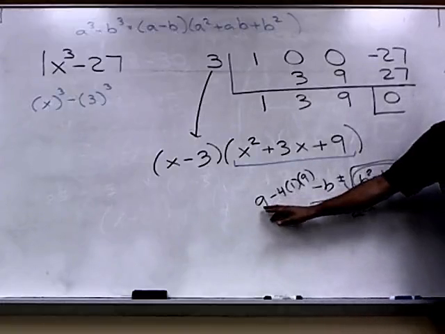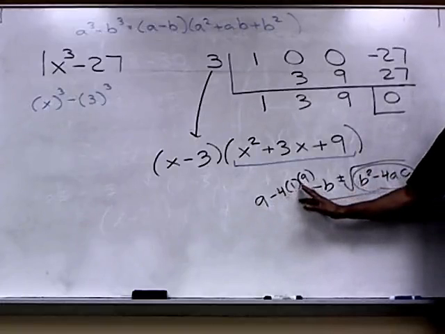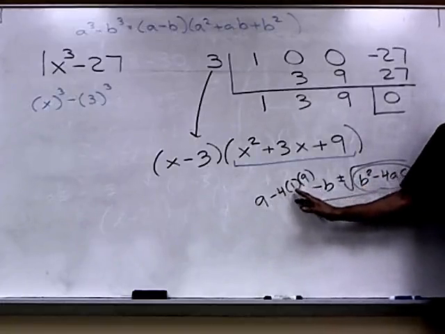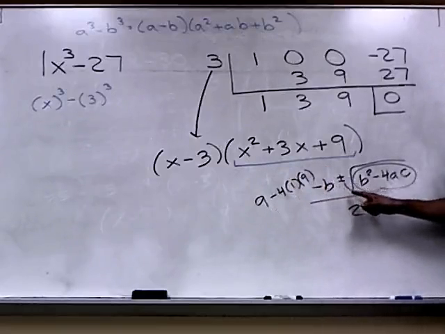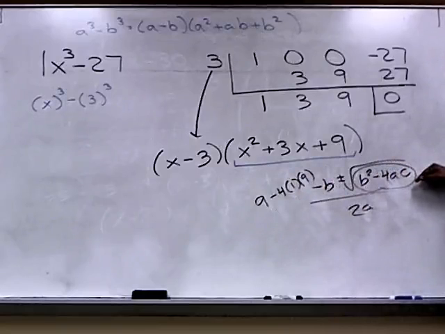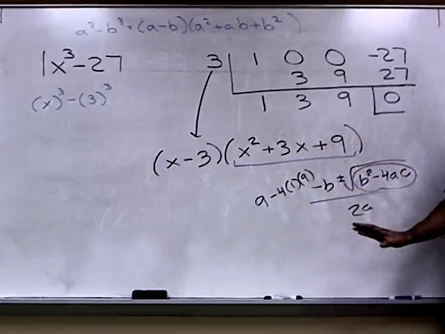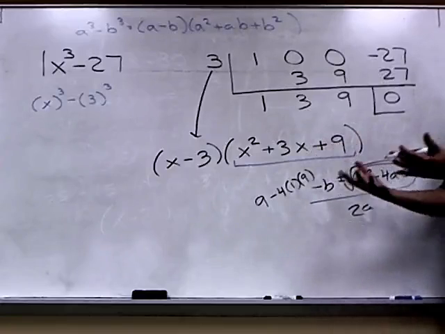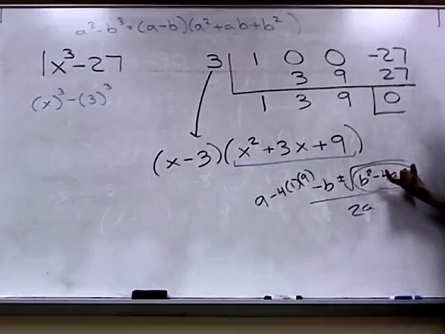Then you get 9 minus 36. That's a negative number, isn't it? You cannot take the square root of a negative number. So if the discriminant is negative, that doesn't factor. I'm not going to make you do this, but you asked a good question: you could do a discriminant check to show it doesn't factor.